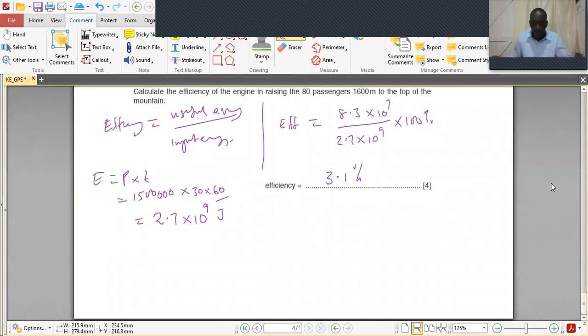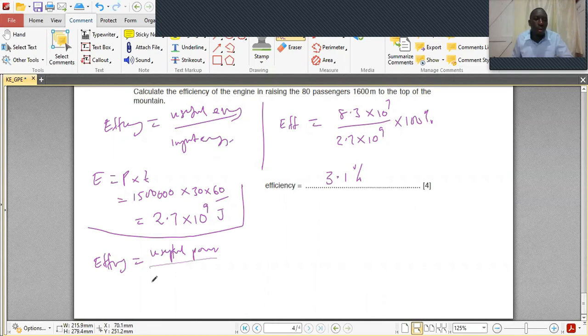Now, method 2, in terms of power. Efficiency can also be defined as useful power over the total input power, times 100%, or you can just leave it as a ratio.